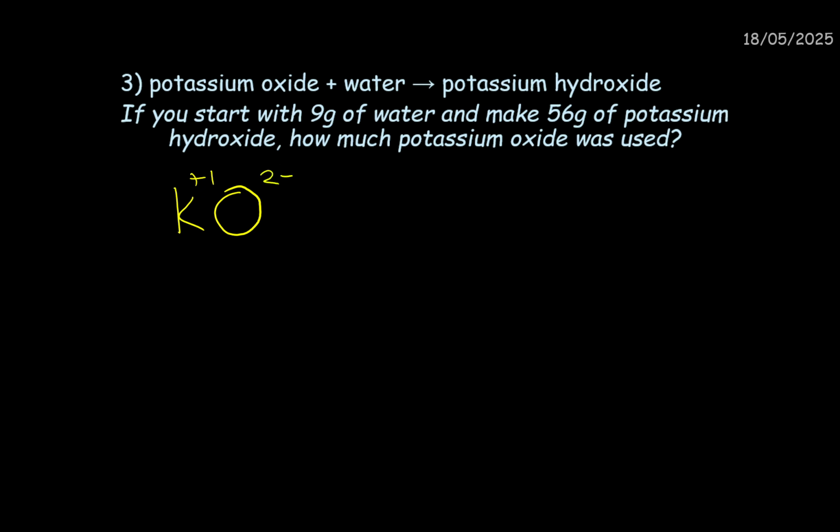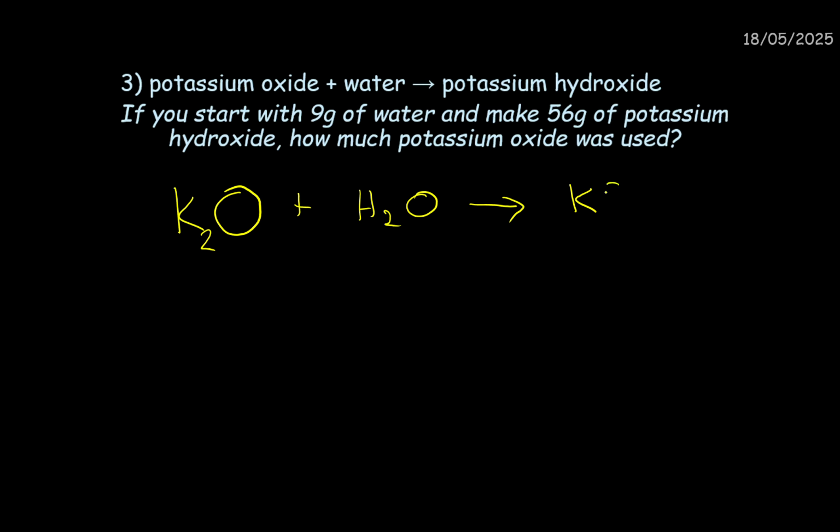So how do we find the overall formula? We use the swap and drop method. What is the overall formula, anyone? K2O. K2O plus H2O goes to potassium hydroxide. What is potassium hydroxide? Anil? So what does hydroxide mean?